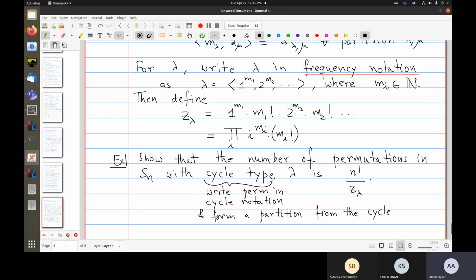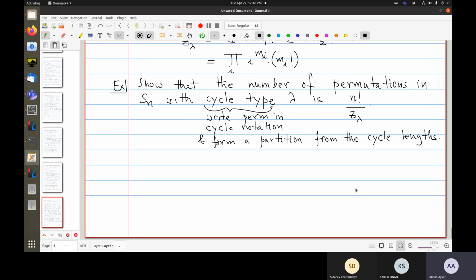Cycle lengths. Okay. So this also has a group theoretic meaning. This is the cardinality of the centralizer in Sn. So this is an important sequence.